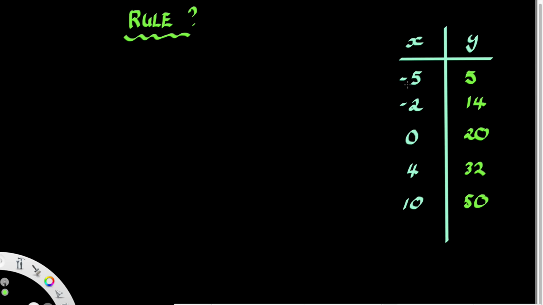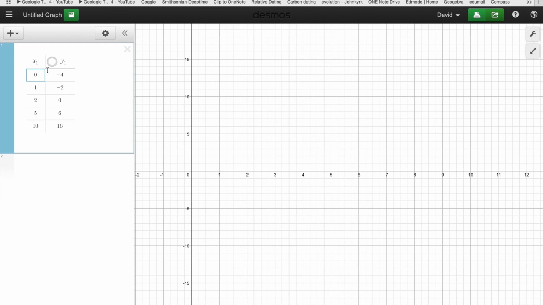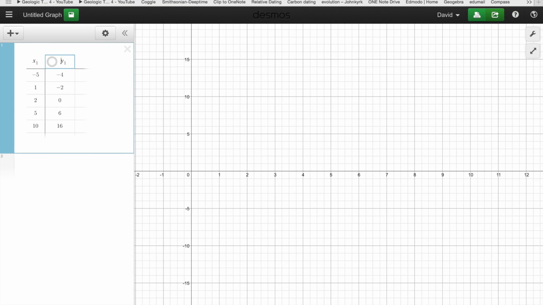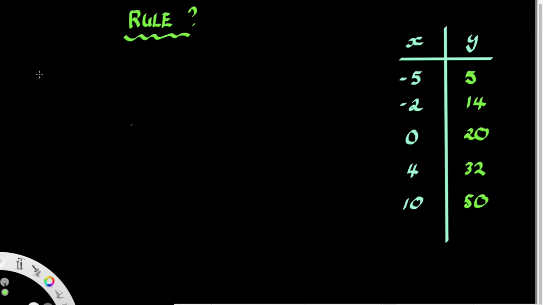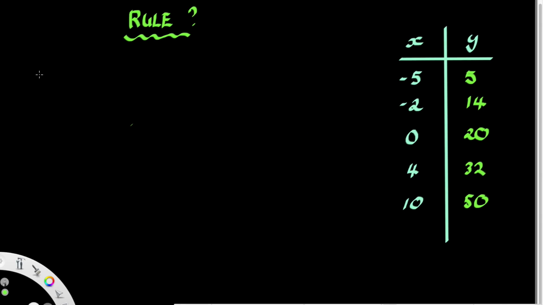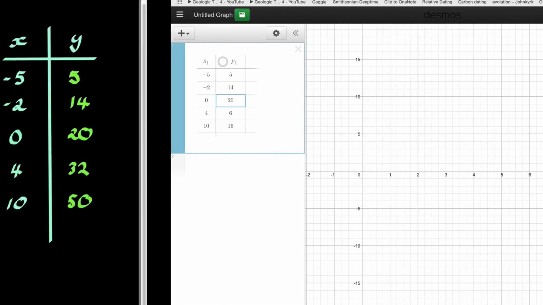So the x values were -5, -2, 0, 4, 10, and the corresponding y values were 5, 14, 20, 32 and 50.